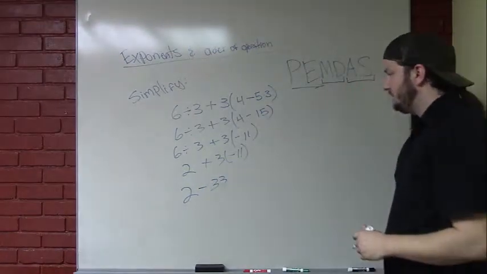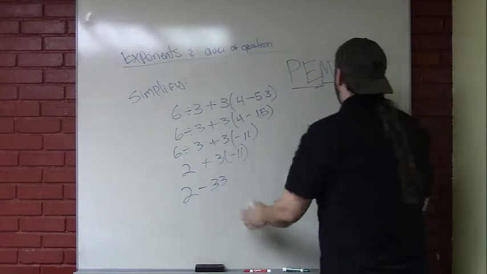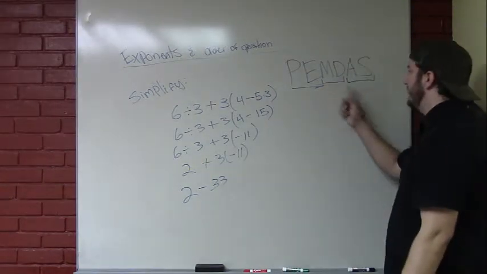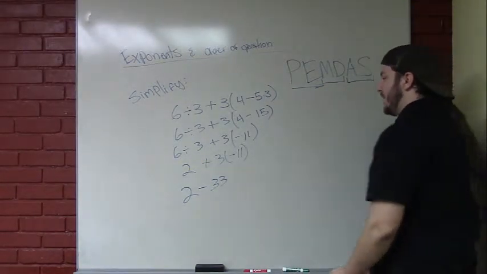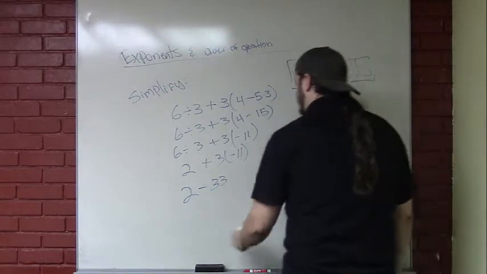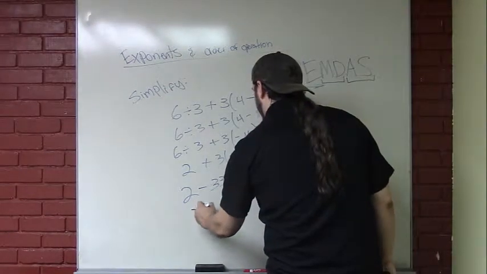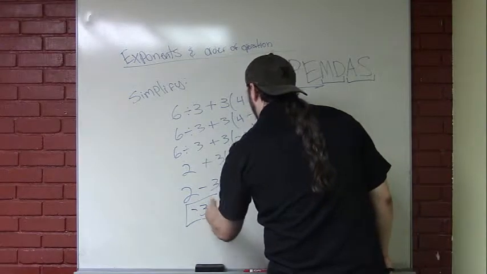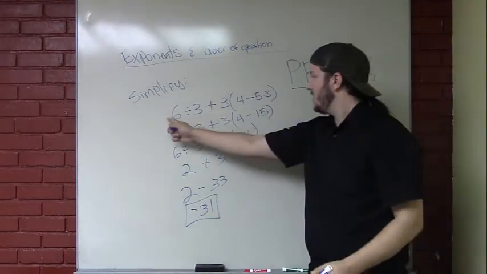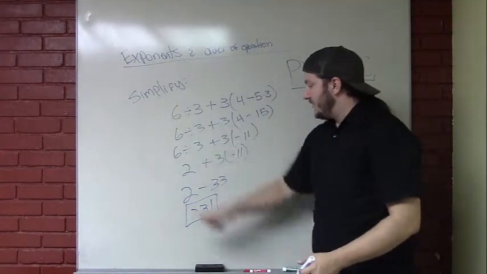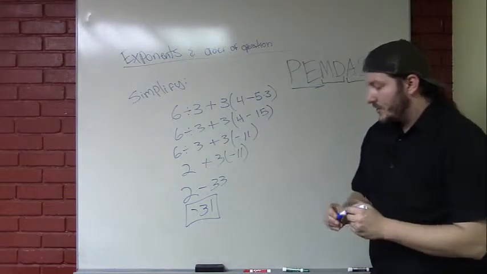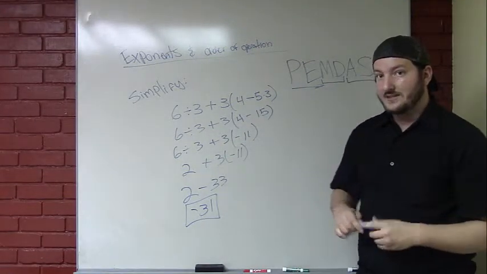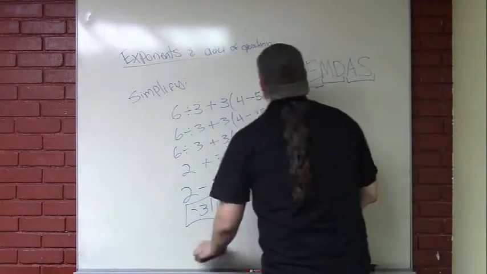And now we have no more multiplication or division, so we're on to adding or subtracting. 2 minus 33 is going to be negative 31. So this whole expression here simplifies down to negative 31. Alright, so hopefully you guys are catching on.